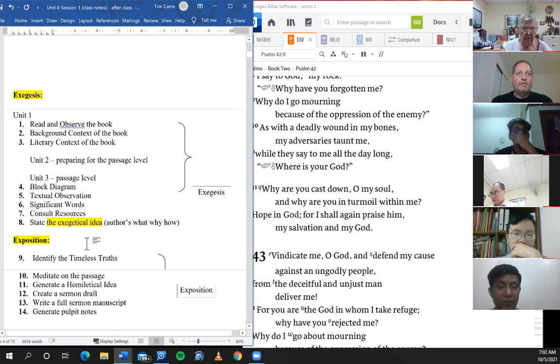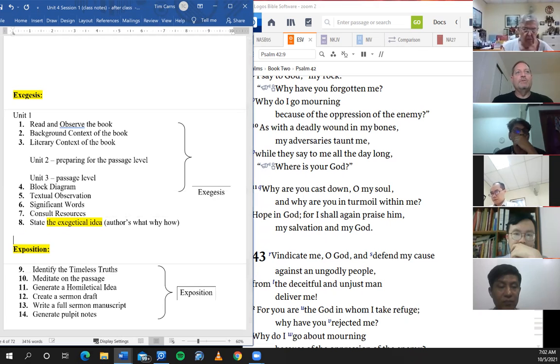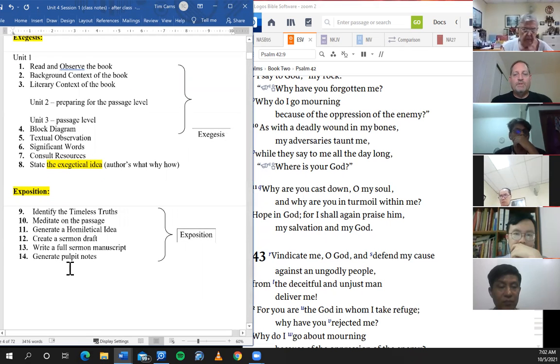And then we also gave attention, as we turn the corner from the passage level, to preparing for the sermon. The first 2 steps were really focusing our attention on what are the key truths within the passage, and also how do we apply them to ourselves.